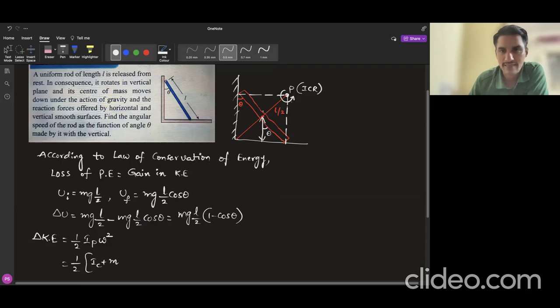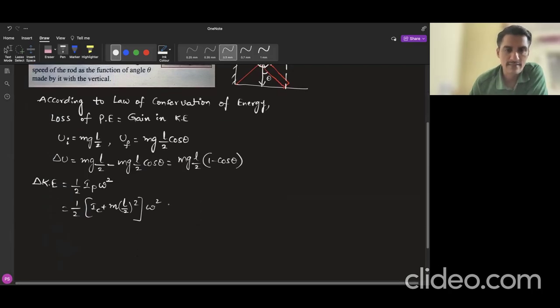Where are those two parallel axes? Again, I am showing. See, this is one axis which is passing through center, and this is another axis which is passing through that point P. Both are parallel. So we can apply parallel axis theorem. So Ic plus M into R, what is the perpendicular distance between these two parallel axes? L by 2, right? So I can write L by 2 whole square into omega square.